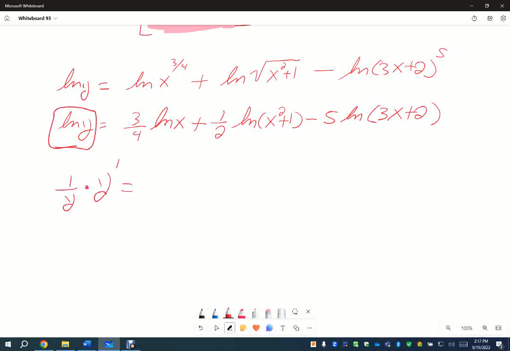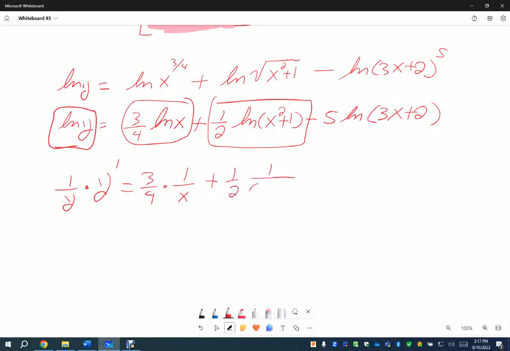And I'm going to continue with this. The next one is going to be 3/4 times 1 over x plus, next one, 1/2 times 1 over x squared plus 1.